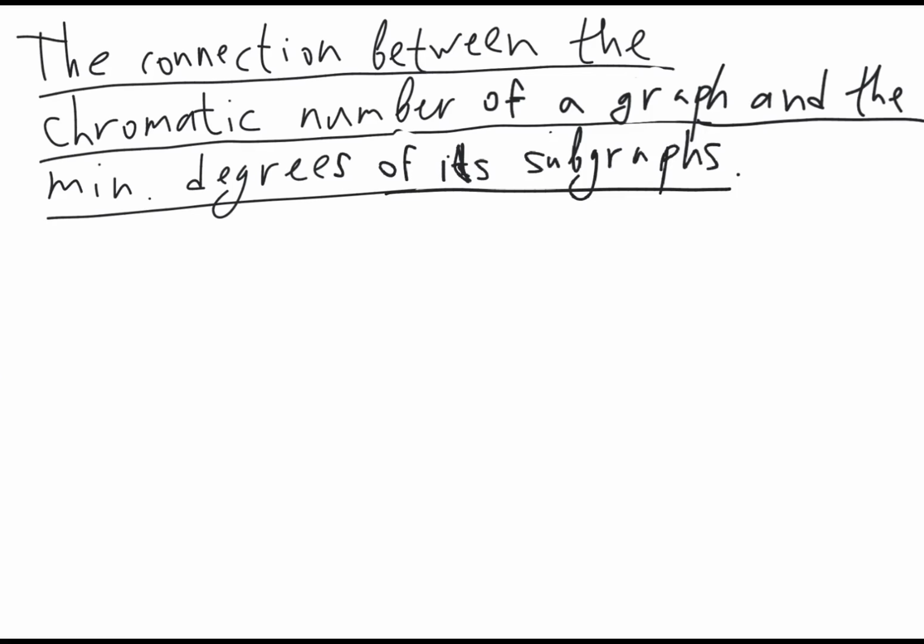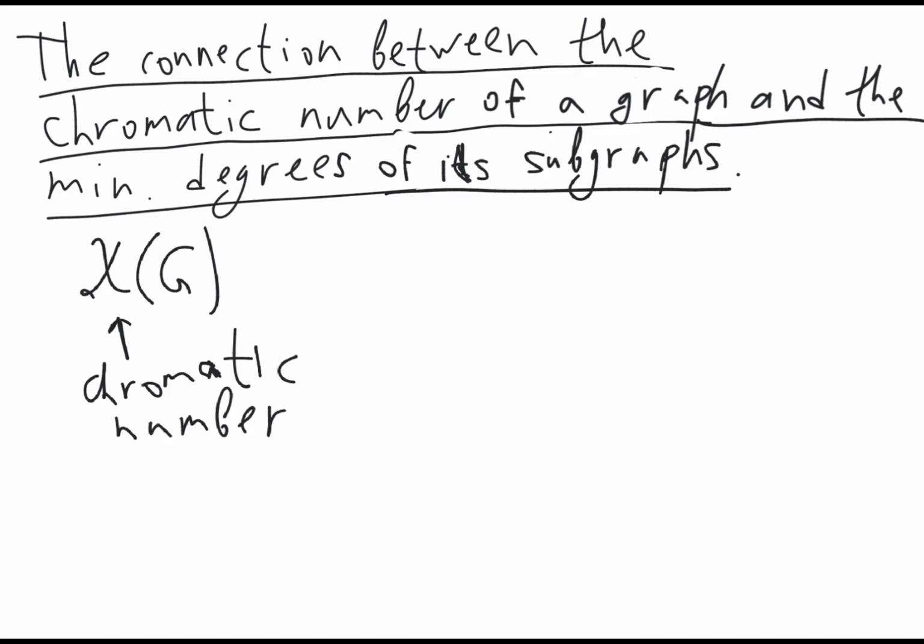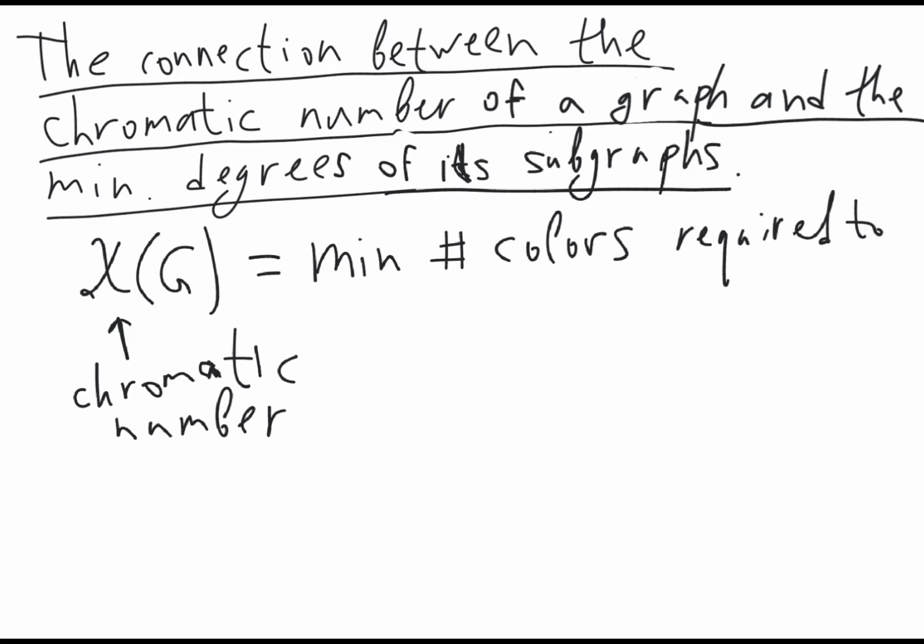Let's recall the definitions. The chromatic number of a graph, denoted as chi of G, is defined as the minimum number of colors required to color the graph G properly.